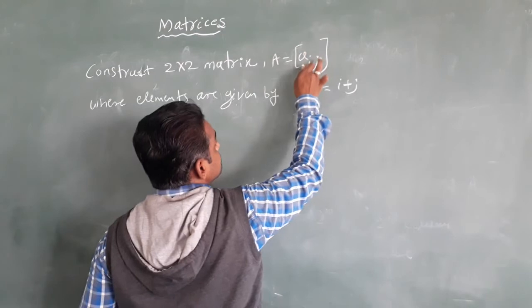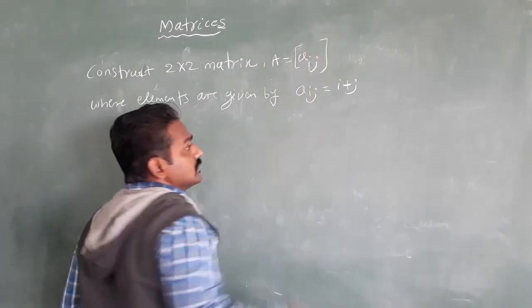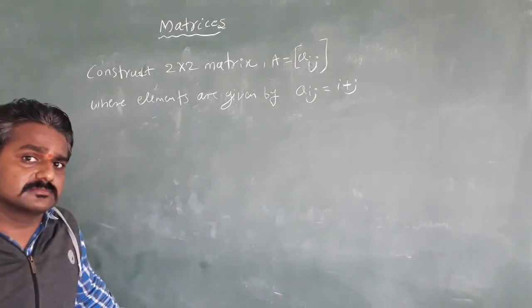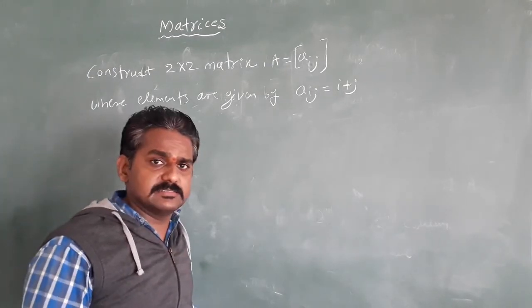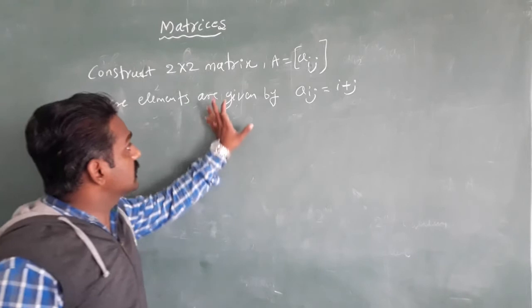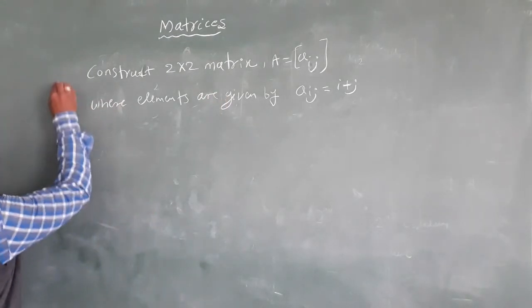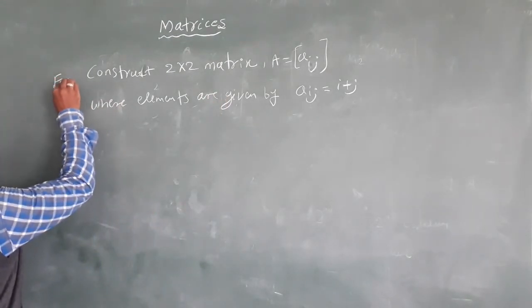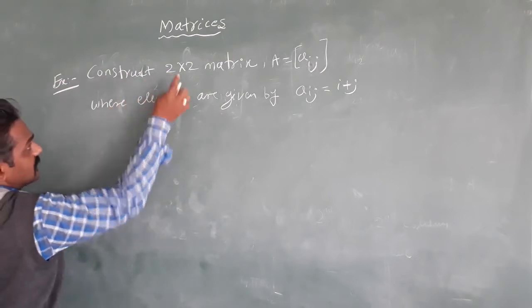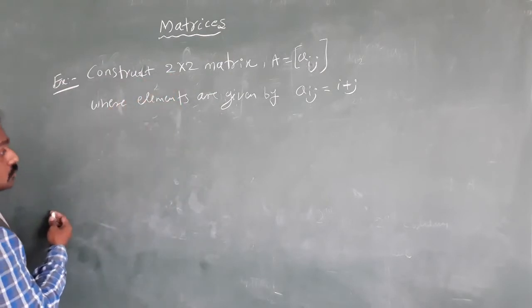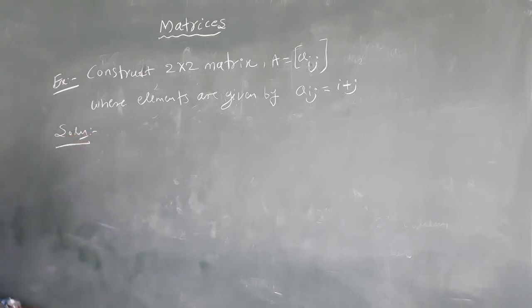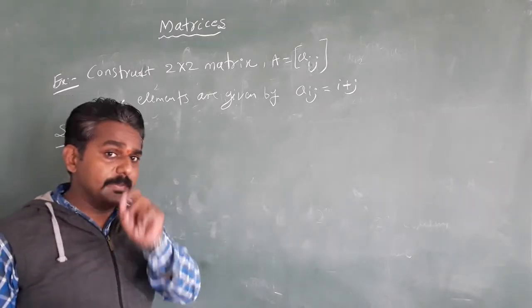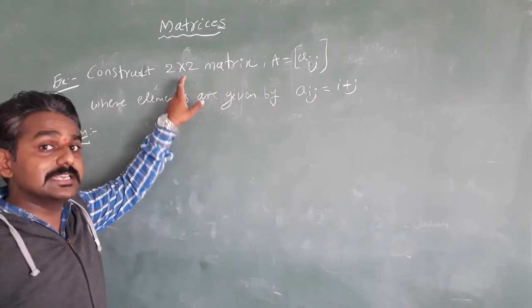Already I mentioned that A equal to the matrix Aij also. Already you know the general representation of the matrix. So for this example, to construct a matrix of order 2 cross 2, first we need to write the matrix of the order 2 cross 2 in general form.